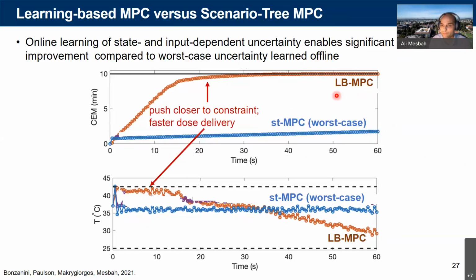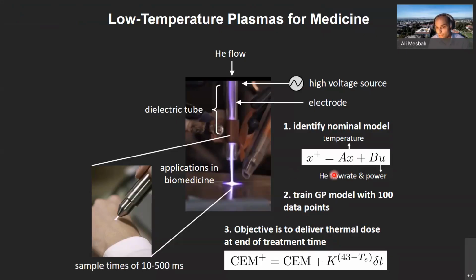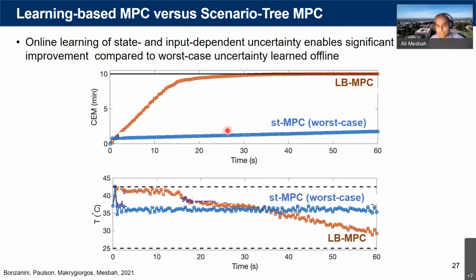But with the learning-based MPC, using the GP and scenario tree adaptation, although we have significant thermal mismatch, really our initial model here is a very simple model. This is a very basic model given the complex dynamics that we have here. But the GP thermal mismatch model is able, in fact, to significantly reduce this thermal mismatch, and as a result, you can see a much faster delivery of the thermal dose.